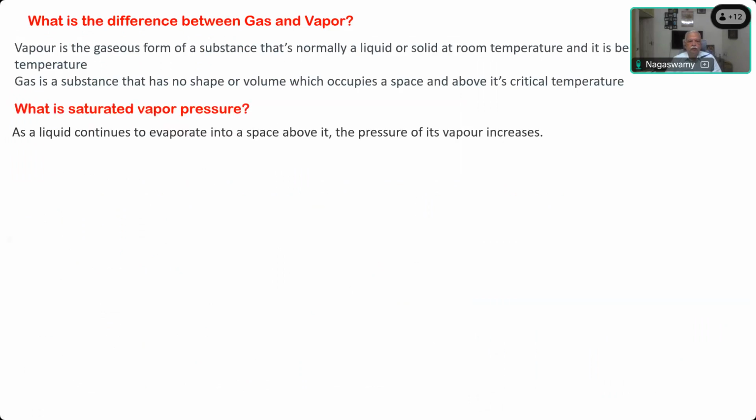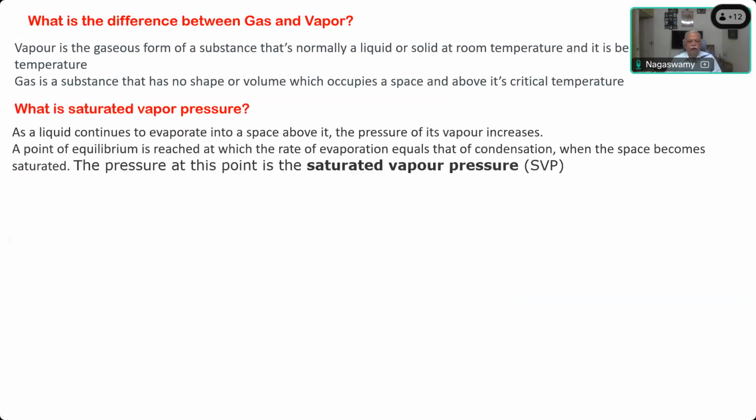Now coming to what is a saturated vapor pressure. A liquid evaporates into a space above it, and then the pressure will increase, and there will be a point where equilibrium will be reached, at which the rate of evaporation equals the rate of condensation, because it is below its critical temperature.